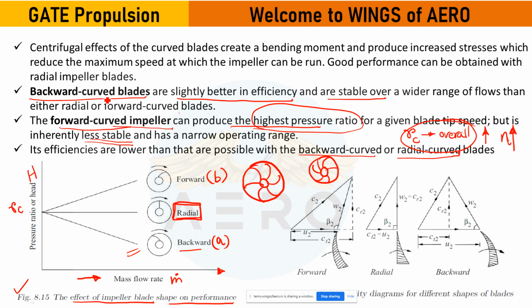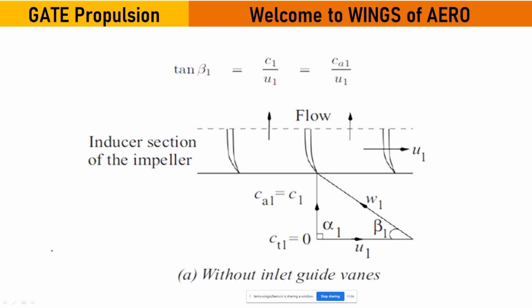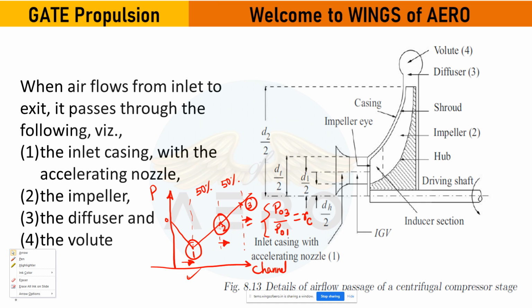The backward curve is more efficient as compared with the forward one, though the forward one produces a high pressure ratio, and this pressure ratio is only for P02 by P01. We are talking about this, not the total pressure ratio across the compressor. Could you get this point?